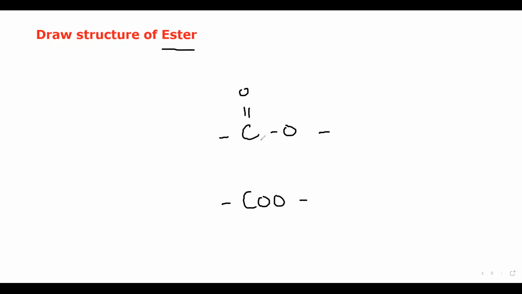So if I want to draw this, the part which is coming from alcohol should be with the oxygen, and the part which is coming from the carboxylic acid should be with the carbon.